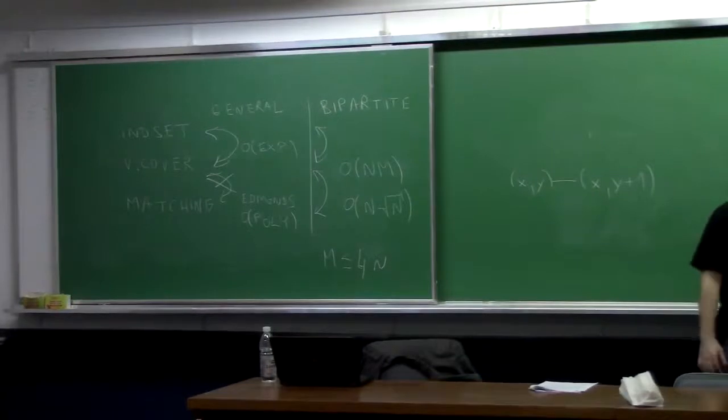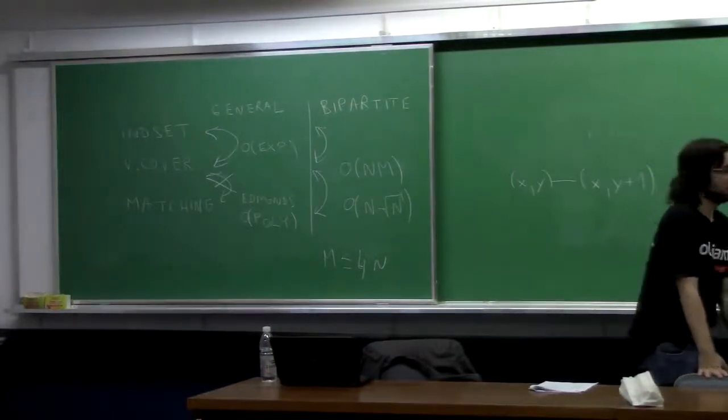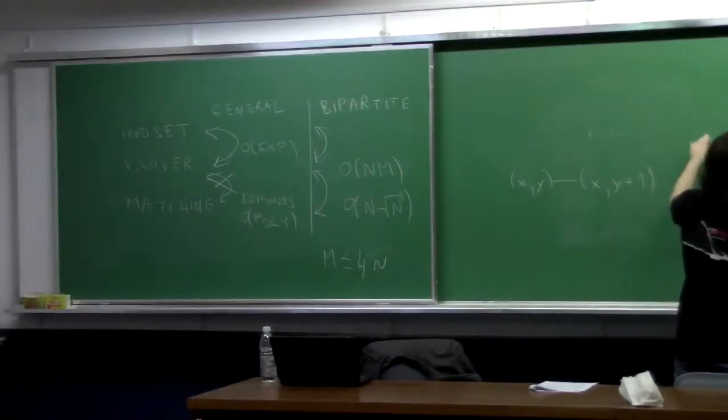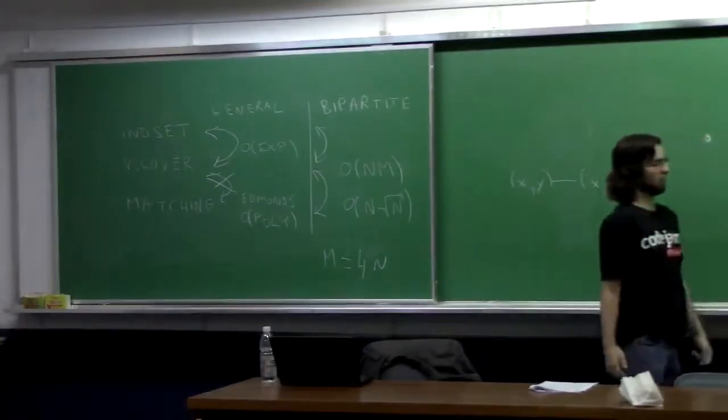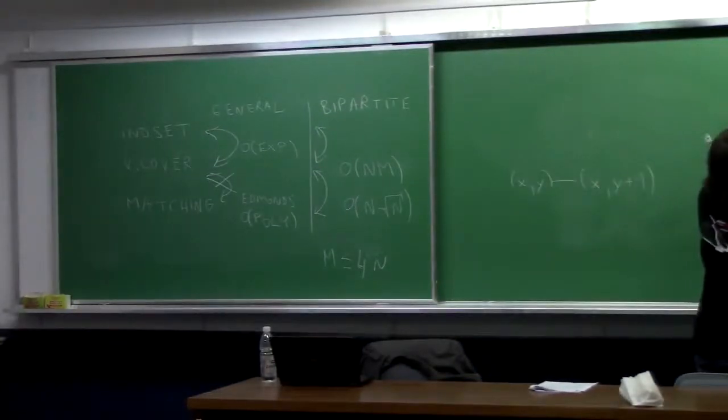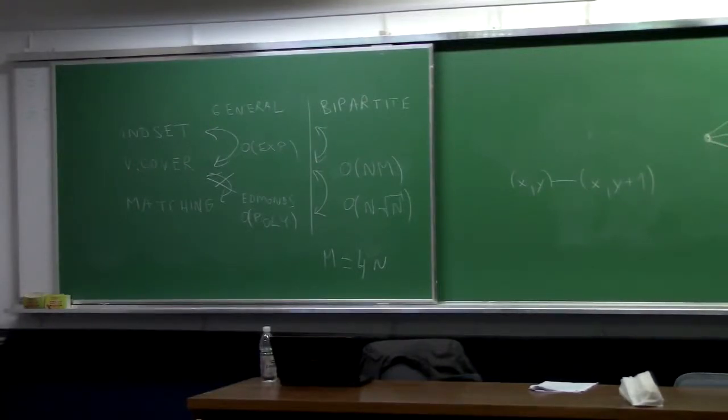What we do for finding the maximum matching using Ford-Fulkerson, which is a flow algorithm, is that we add a source and a sink, connect all the vertices from one partition to the source, connect all the vertices from the other partition to the sink, and all edges here have capacity 1.